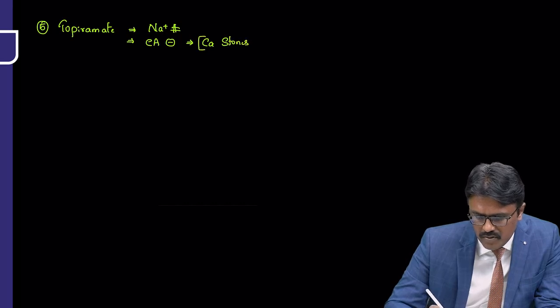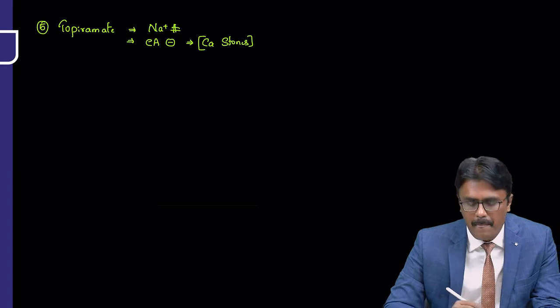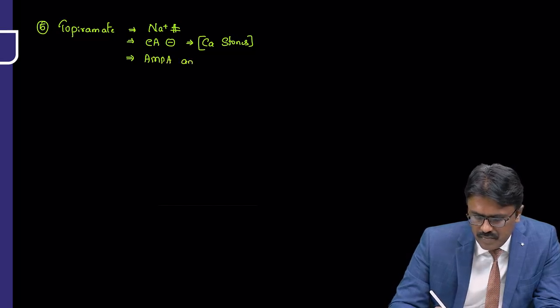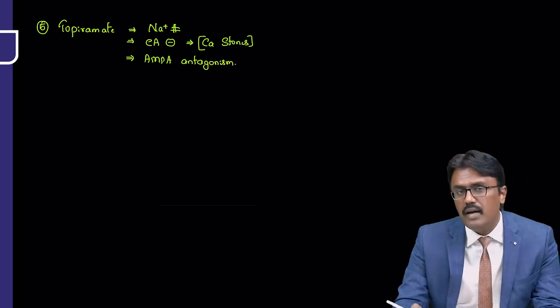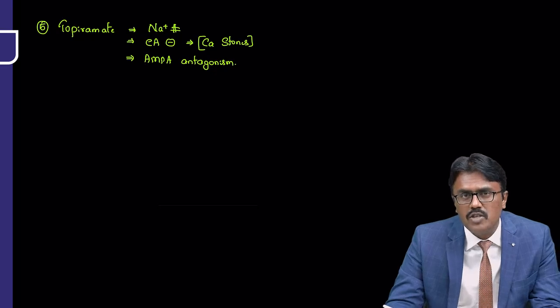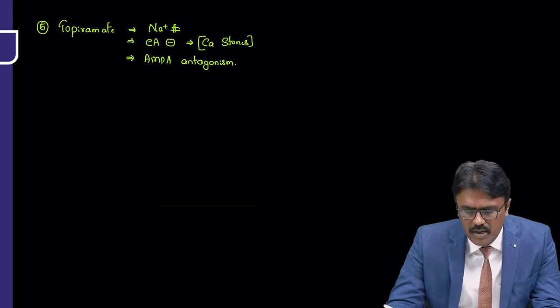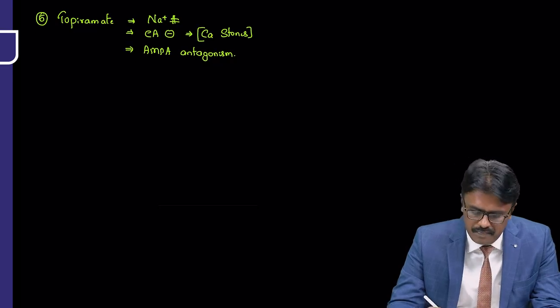So the drug can produce calcium stones. And another important, it has AMPA antagonism. You know, AMPA is a type of glutamate receptor and it can block that also. The name is topiramate. So it's a sodium channel blocker. It has a carbonic anhydrase inhibiting property and also has AMPA antagonism.